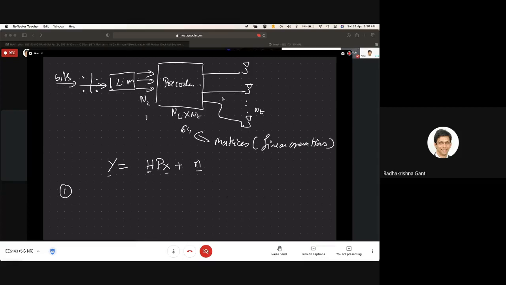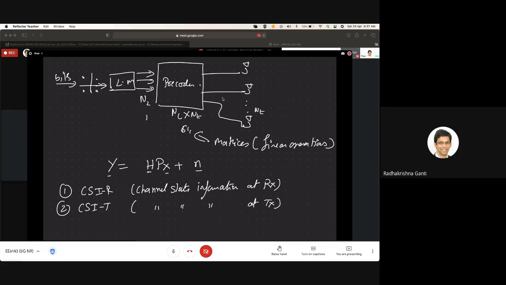One is called CSIR, channel state information at the receiver. We saw that for SISO also, but the same thing holds for MIMO. The second case is called CSIT, channel state information at the transmitter.